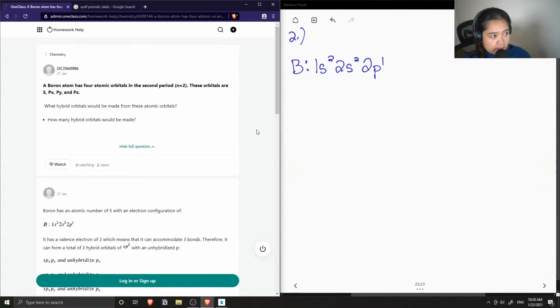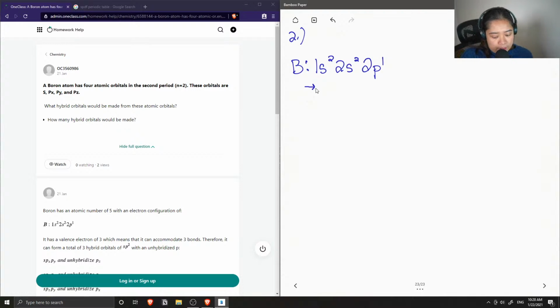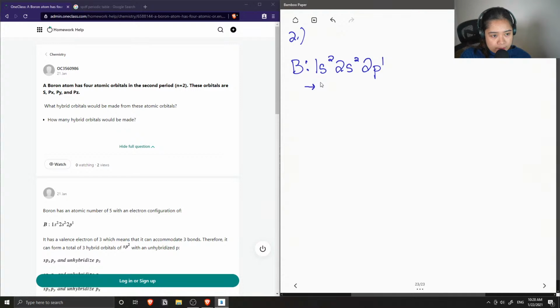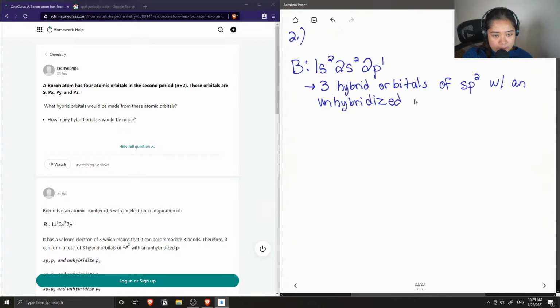And then I'll also just sum up what the junior tutor said already. They have 4 atomic orbitals, which are s, px, py, and pz. So in general, we'll have 3 hybrid orbitals of sp2, with an unhybridized p orbital.